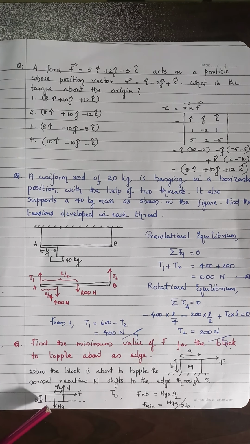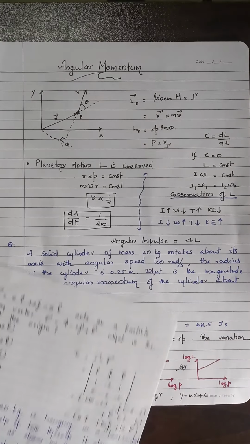Here two forces are there: one, the weight, at a separation of A by 2, and N from O. Keep in mind it is at O, so there is no contribution. But F is at a perpendicular separation of B. Hence we can say F into B should equal the weight mg into A by 2, and you get the value for F minimum required.